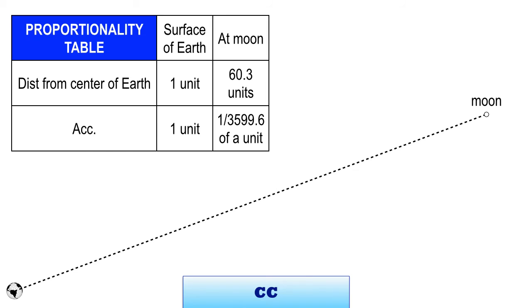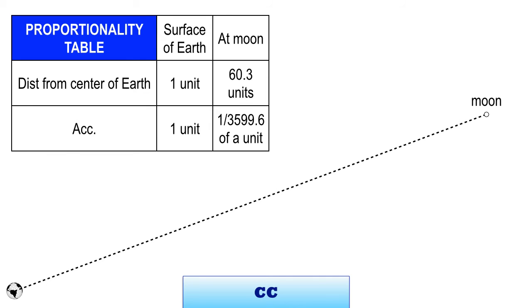Now, if you consider the distance from the center of the Earth to the surface of the Earth as 1 unit of distance, then it turns out that the distance to the center of the moon is about 60.3. So it's pretty close to 60.